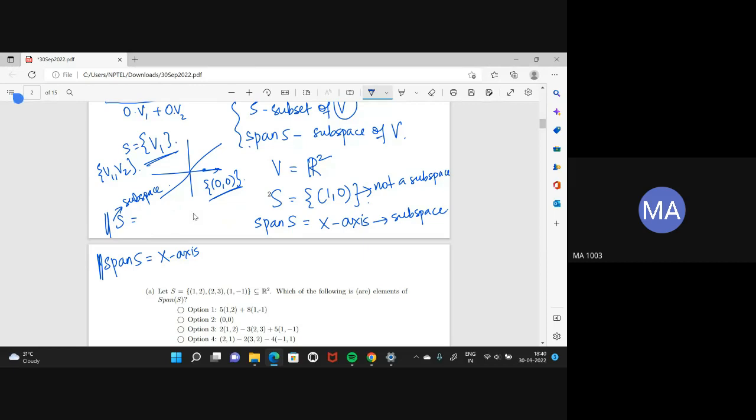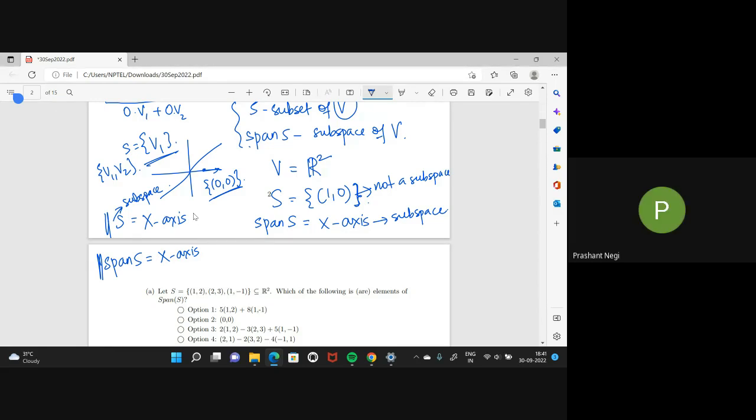If I write x-axis here, even then it's the same. The span of the x-axis is the x-axis itself, right? Does the x-axis generate any other point? Say (1, 0) generates again the x-axis itself, right? If I just pick one element on the x-axis and take the span, that is also going to give me the x-axis, right?